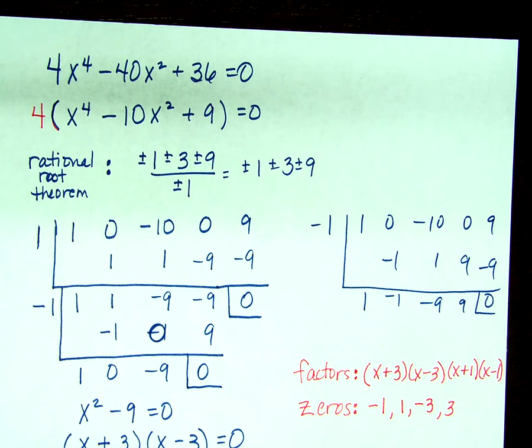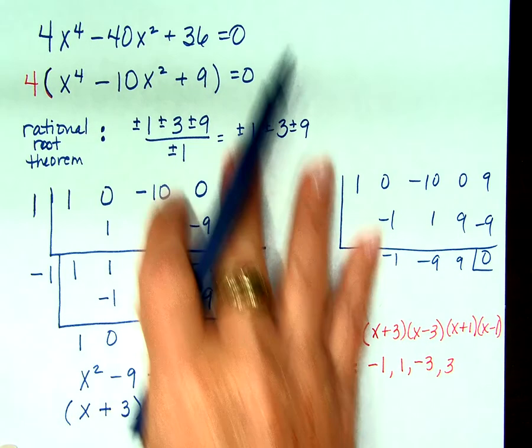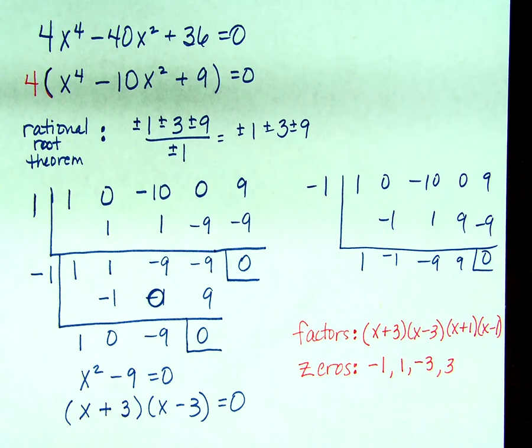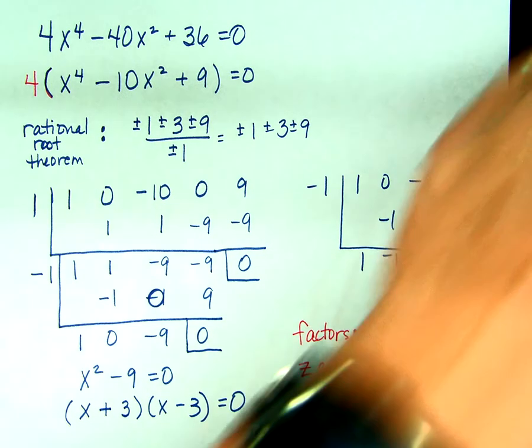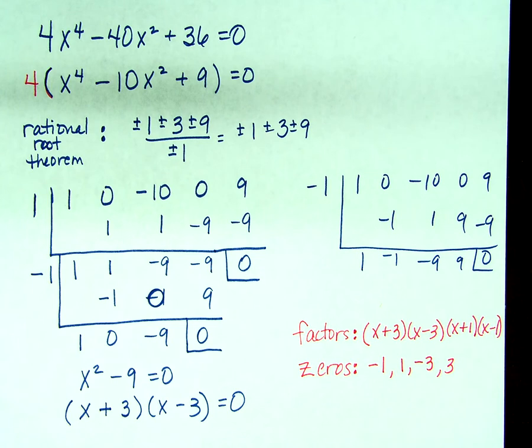If you notice that, I'm very glad about that, but what we're working on right now is using rational root theorem, and so that's why we went this way. Does that make sense? Okay? Like I said, if you notice that, I'm very glad. But right now, today, what we're working on is rational root theorem.